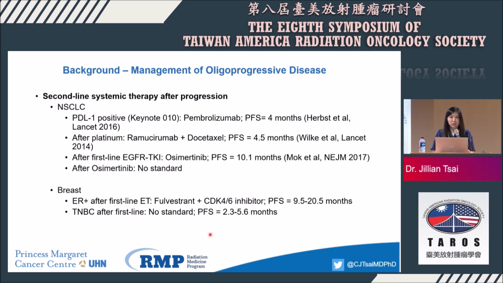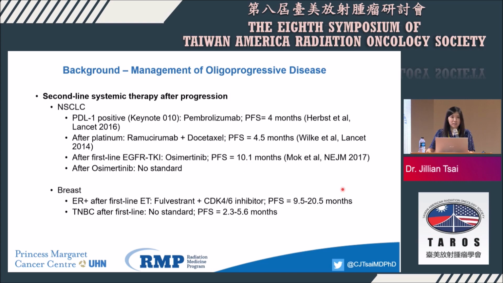As I mentioned, what is the management for oligoprogressive disease? It's different. For example, in non-small cell lung cancer patients who progressed on first-line systemic therapy, if they were PD-L1 positive, they were typically put on pembrolizumab based on the KEYNOTE-010 data. For patients with EGFR mutation after first-line TKI, they will switch to a different TKI with limited progression-free survival benefit.